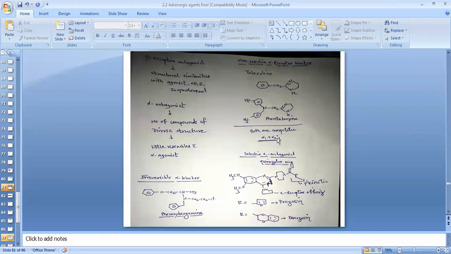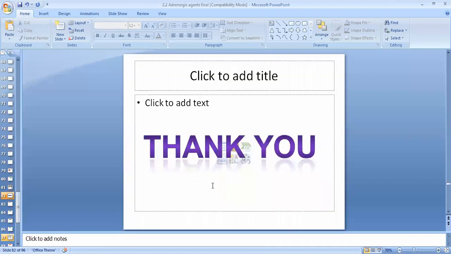Both are competitive towards alpha 1 as well as alpha 2. Then what are the selective alpha antagonists? And the irreversible alpha blocker is phenoxybenzamine. So these are the variety of drugs used for the treatment of problems associated with the adrenergic receptors.